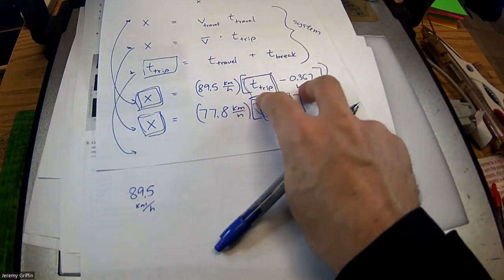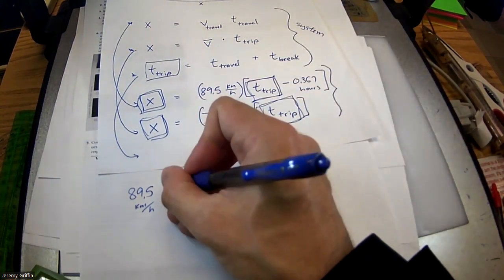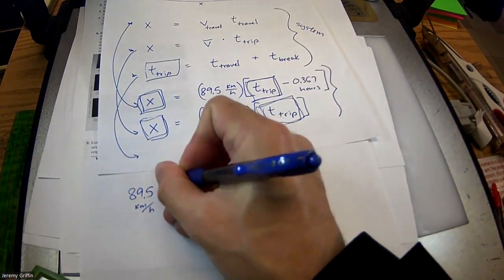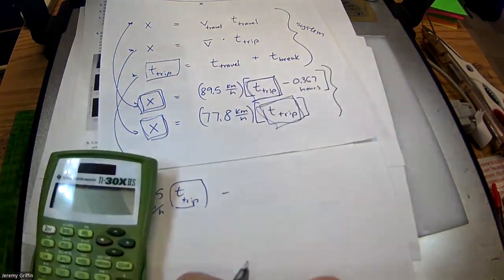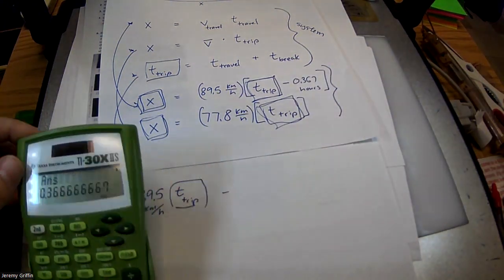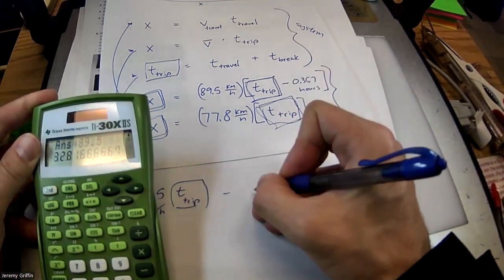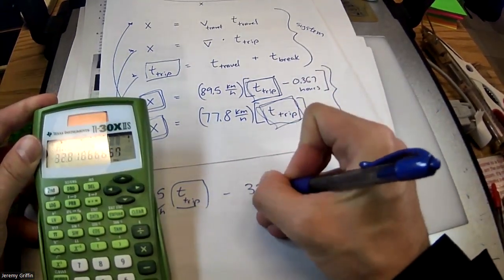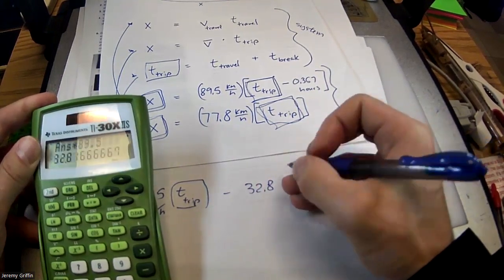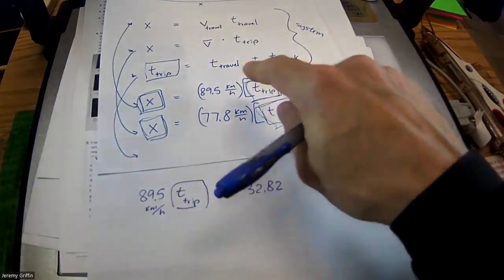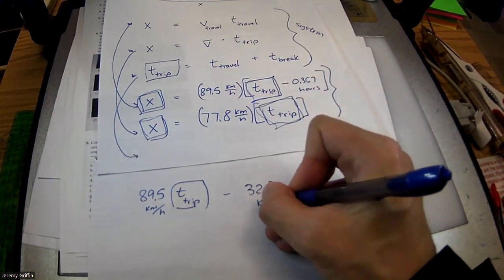I'm going to distribute this times 5. Kilometers per hour times hours, that would just be straight kilometers, wouldn't it?